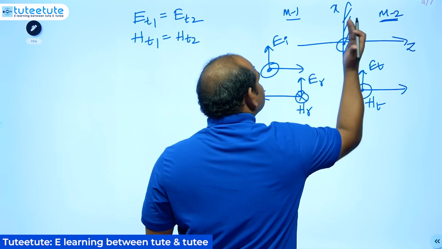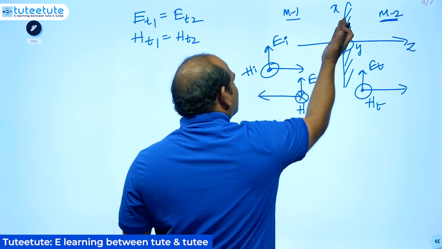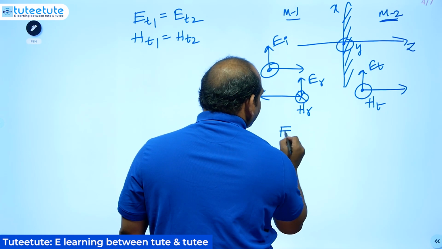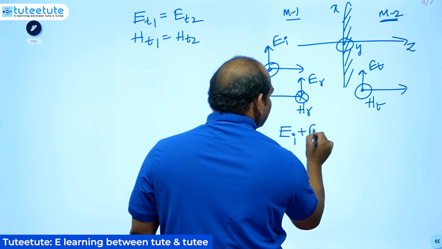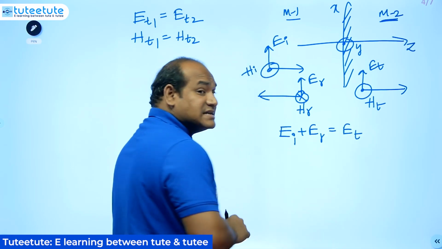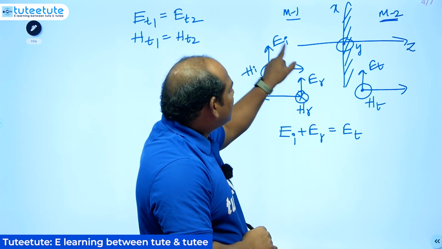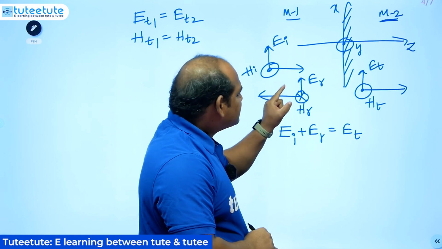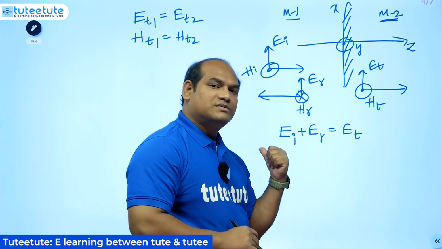So the boundary is the xy plane, and this particular electric field is oriented towards that only. So easily we can write the tangential components like this: EI plus ER is equal to ET. How did I write this? Since we have two waves here, one is the incident wave with electric field EI, and the other is the reflected wave, whose electric field we have to take as ER.